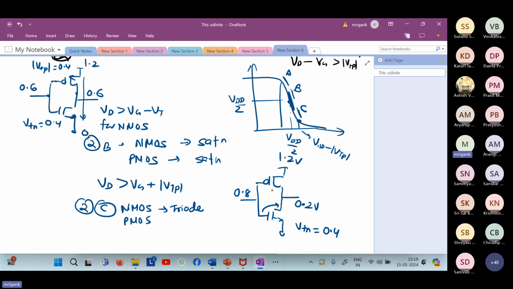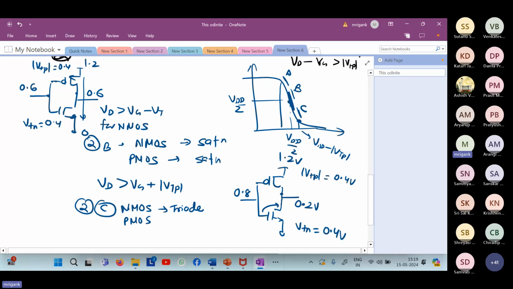For PMOS, is the channel formed at the drain side? What do we need for the PMOS channel to be formed at the drain side in this condition? Quickly. Suppose mod VTP is 0.4 volt.